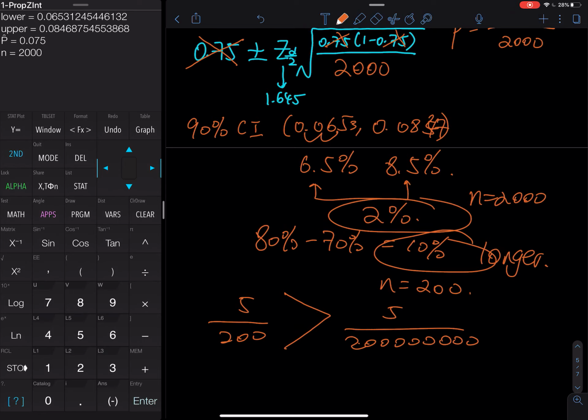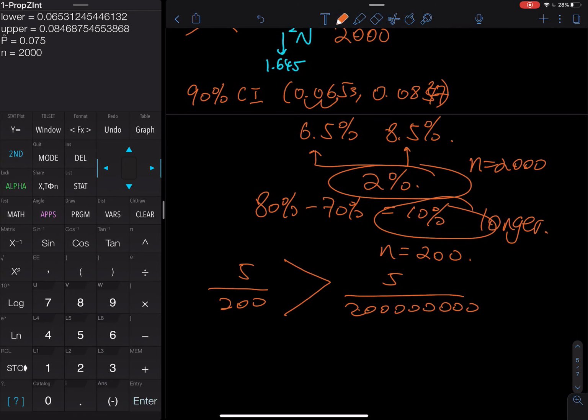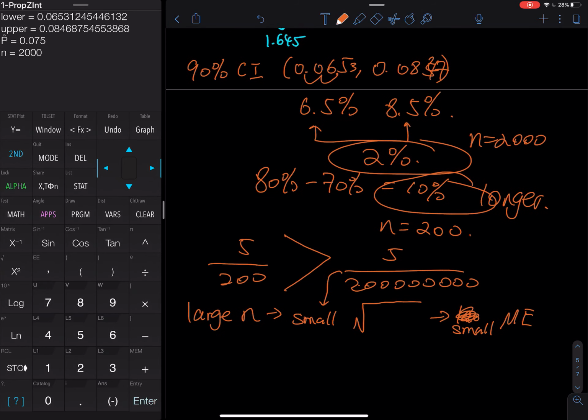So when we have a large sample size, the quantity with the square root is small. Right here, you have a small standard error. As a result, you have a small margin of error. A small margin of error gives you a short confidence interval.